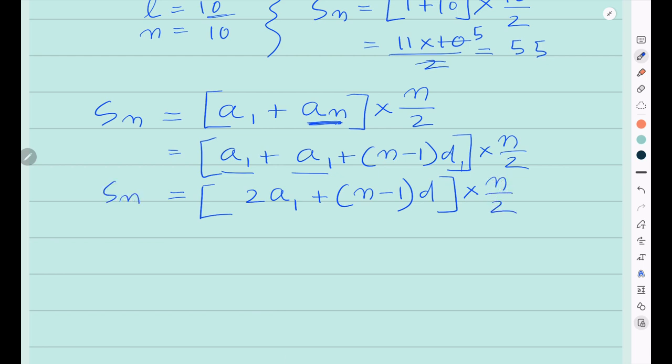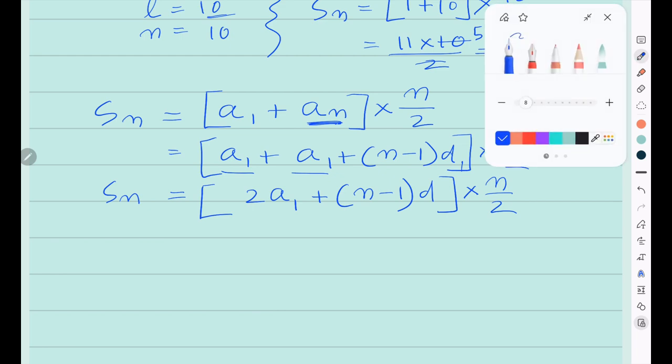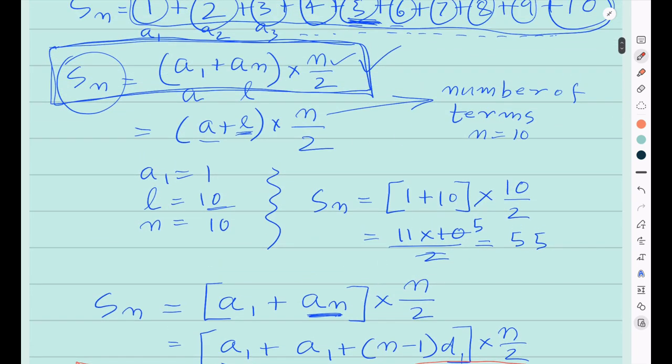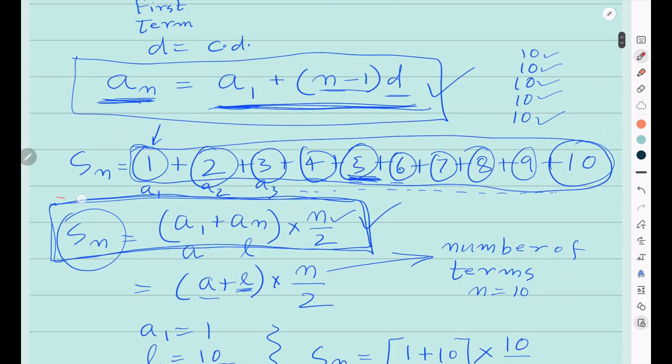So we have established this formula, which will be very useful in solving problems of AP. Now we know this is also one important formula we will try to remember.